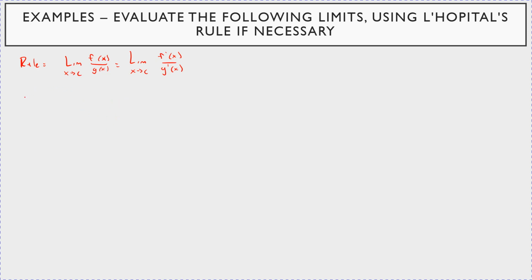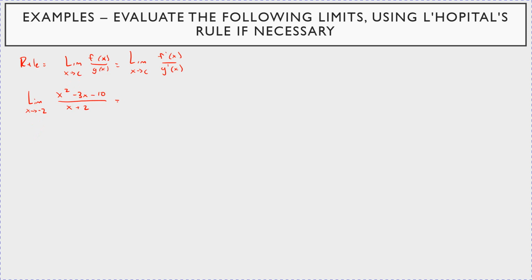All right, let's look at this one here. If you have the limit as x goes to -2 of (x squared minus 3x minus 10) divided by (x plus 2), and if you plug in -2 here, you end up getting 0 over 0.